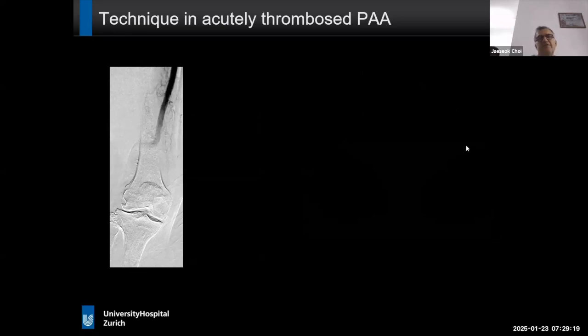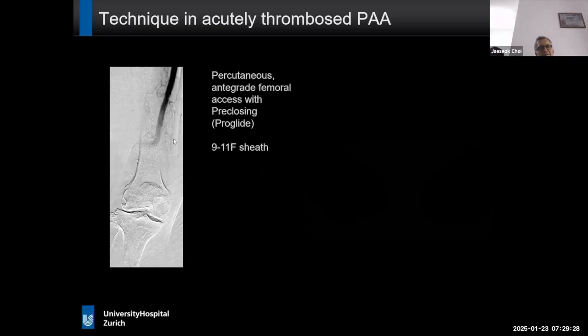In acute thrombosed arteries, they have a high limb loss rate. Here, about in 2005, I think that in my first page I started, there were Perclose and ProGlide in those days, so I think that's a great help, a great invention in interventional radiology, that you're not limited so much by anticoagulations and by access sizes.